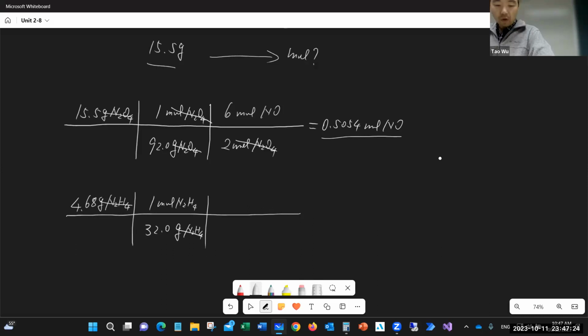And based on the stoichiometry, 1 mole of the N2H4 will generate 6 moles of the NO. Well, then you just use this stoichiometry to figure out how many moles of the NO we can produce based on the N2H4.